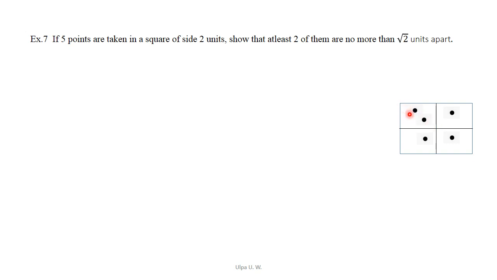If I join this diagonal and take this right angle triangle and apply the Pythagoras theorem, I get the length of the hypotenuse as root 2 because the length of the sides are 1 each. So that is the highest distance possible between any 2 points in this square, and the same logic can be applied to any one of these squares.